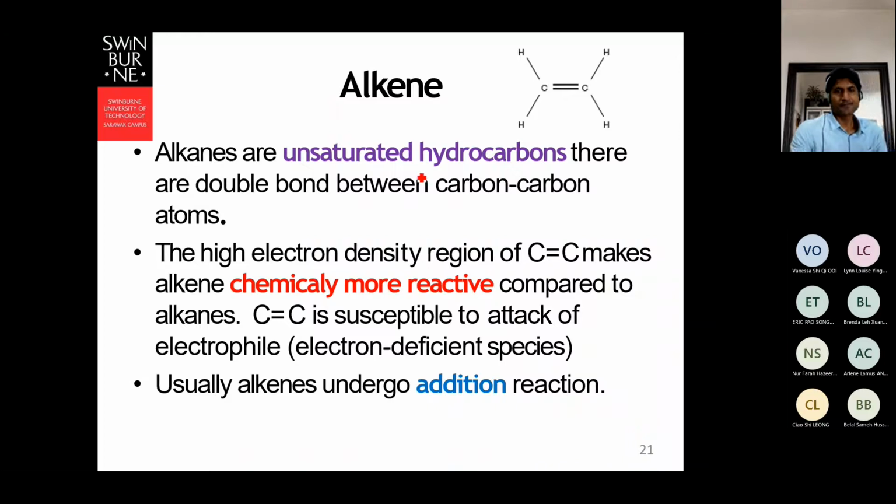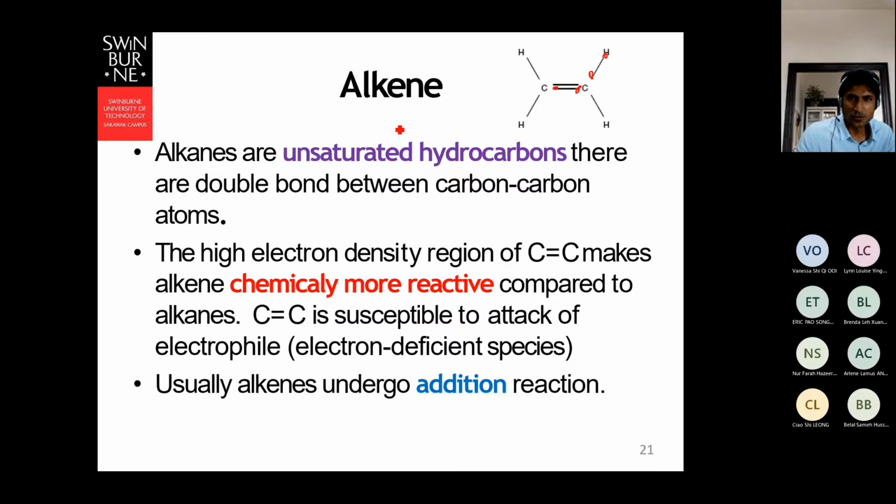Now alkene. As we know, alkene has a double bond between the carbons. One bond means two electrons. Here carbon is giving one electron with hydrogen, so there is one bond.